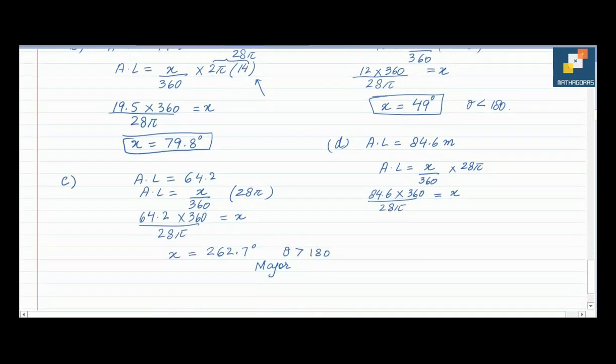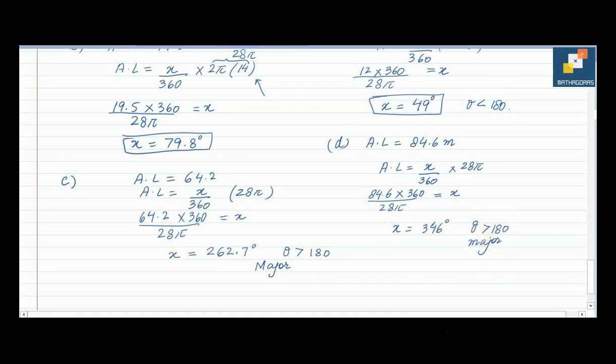Further solve it: 84.6 multiplied by 360 divided by 28 divided by pi. So the angle is 346 degrees. Again theta is greater than 180, that means it is a major sector, right?